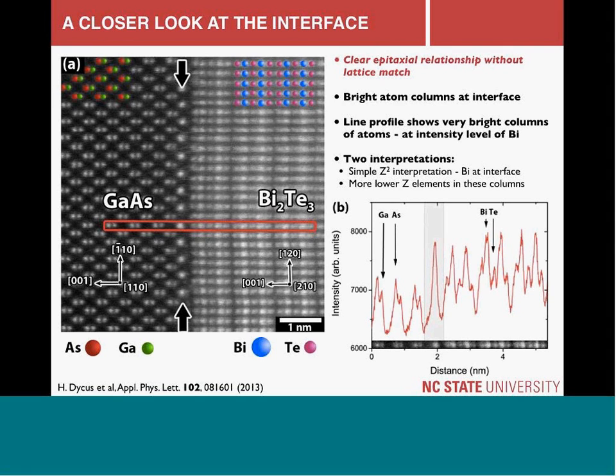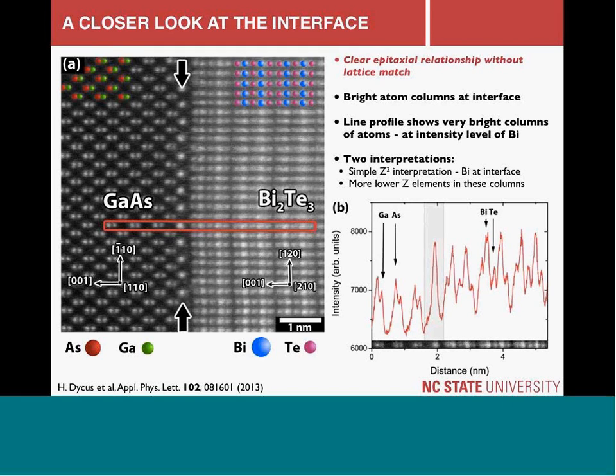Okay. Now, there are two possibilities here. One, and the common one that would be made, is that bismuth is going to that interface. Bismuth is somehow interacting and lining up at those positions. The alternative interpretation is that there are actually more atoms, because it's not only the type of atoms, it's the number of atoms at that location.